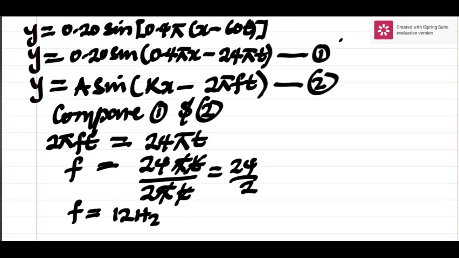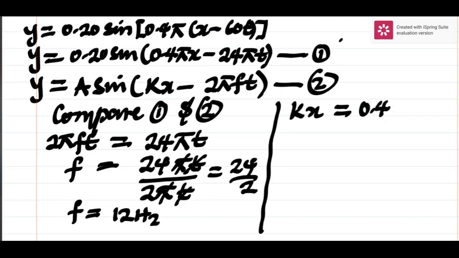Now that we have the frequency, we can also solve for the wavelength. Comparing kx with this other term, 0.4πx, we have kx equal to 0.4πx.